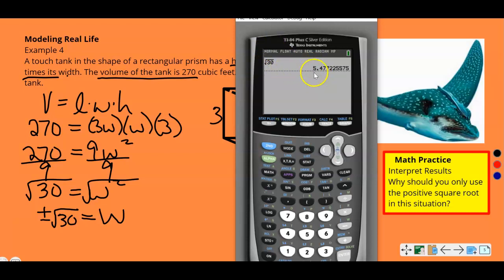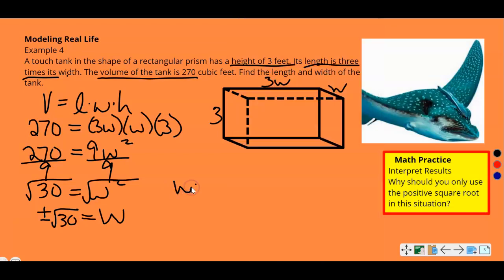So the square root of 30 is in between both of those, so it's going to be about 5.5. So W is about 5.5, and this would be in feet. So about 5.5 feet. That would be your width.